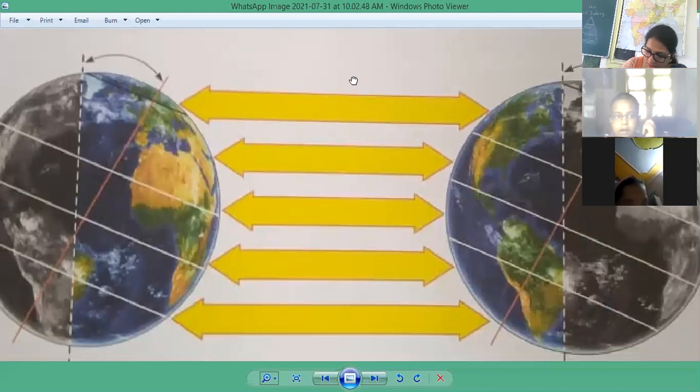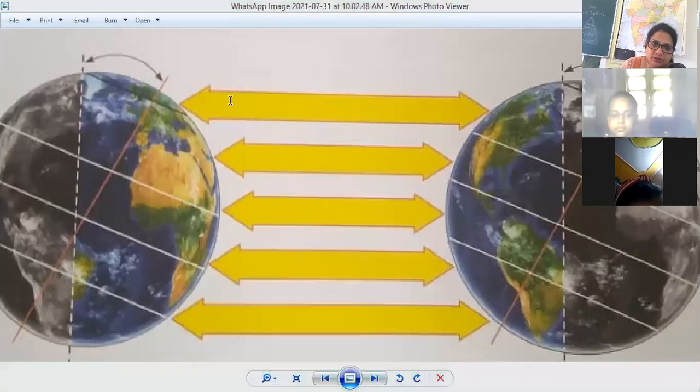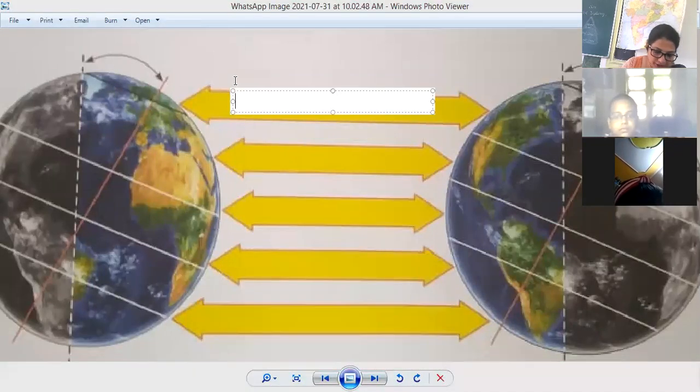Now look at the length of the day and night. Write down over here, length of the day and night. Here you write down 10.5 hours daylight.